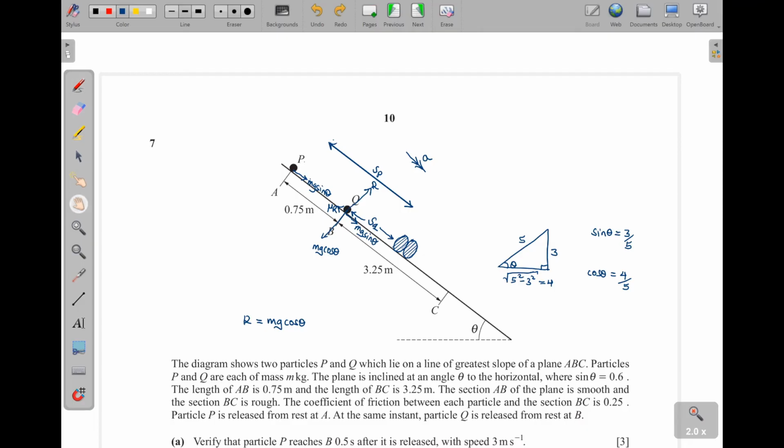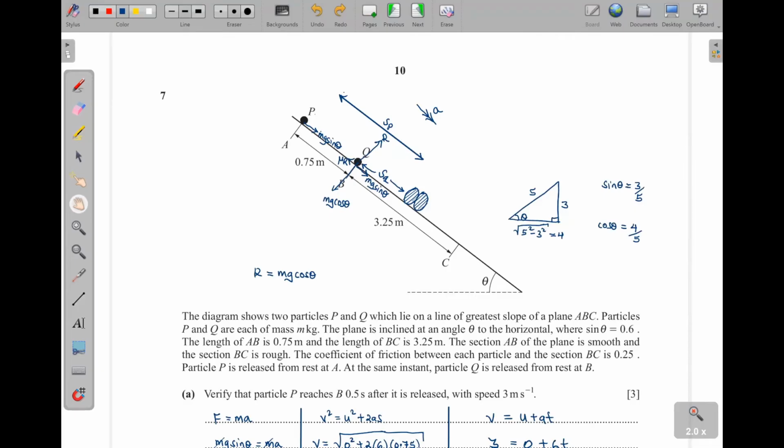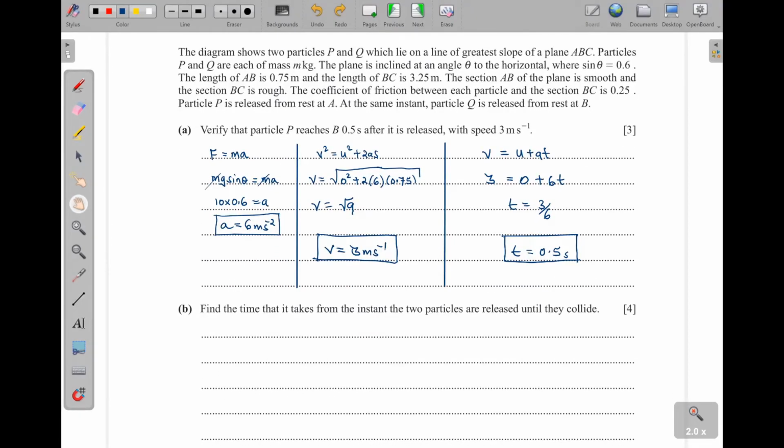Now, let's continue. When P reaches Q here, we need to know the acceleration of P within here, which will actually be the same as for Q, because they have the same mass and the coefficient of friction between both of them is the same.